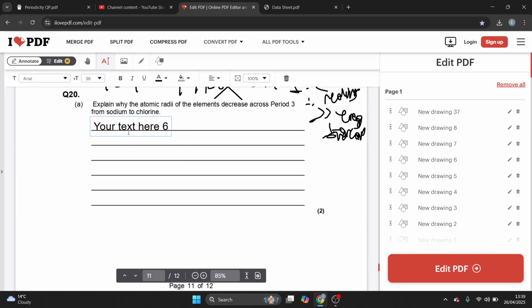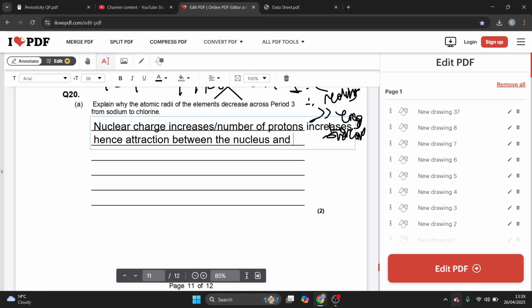Well, I know the atomic radius decreases from sodium to chlorine because nuclear charge increases, number of protons increases, attraction between the nucleus and electrons increases as the electrons are in the same energy levels, same shell number.